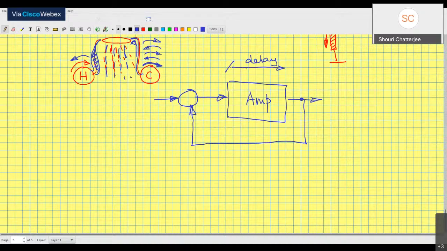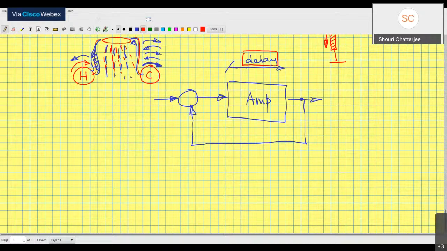And the problem arises because of delay. So what do I have to do? How do I fix it? I have to somehow get rid of this delay. If I can get rid of the delay, then I can take a quick corrective step. If I can take a quick corrective step, then this will correct immediately and no problem.